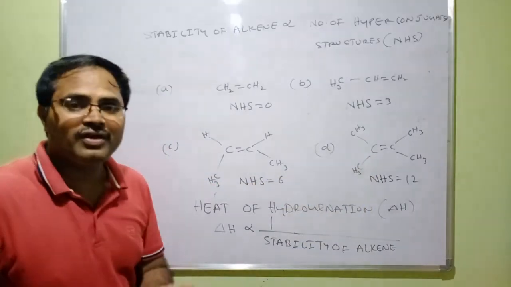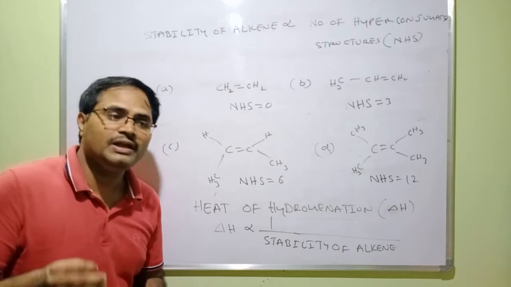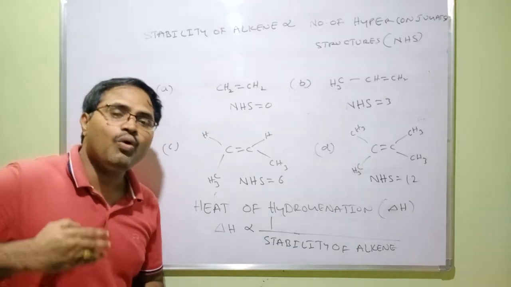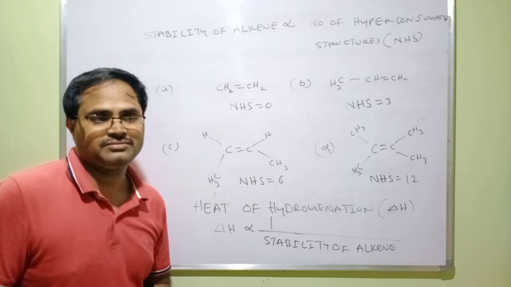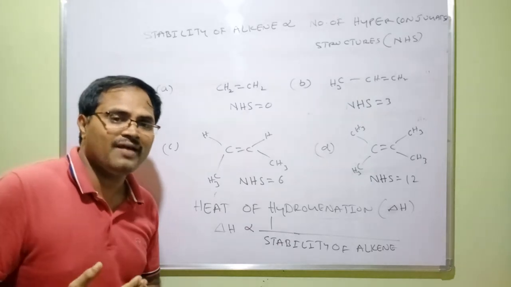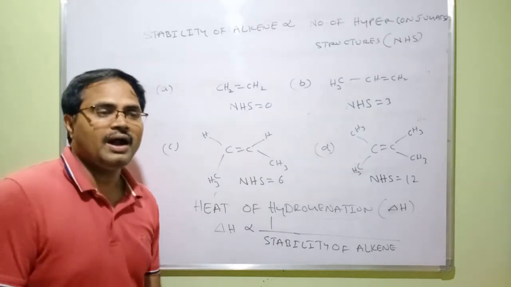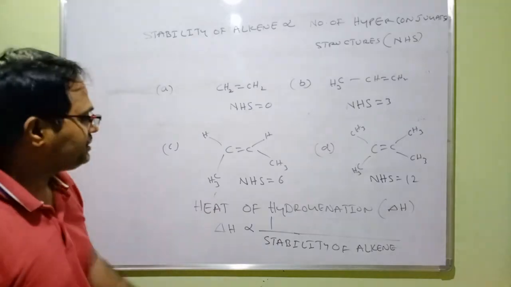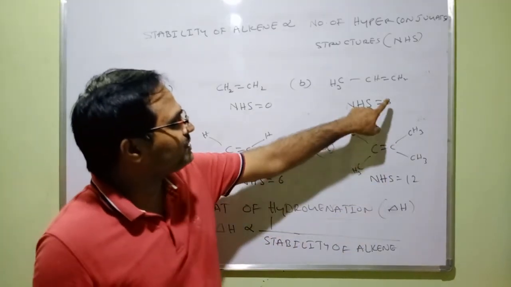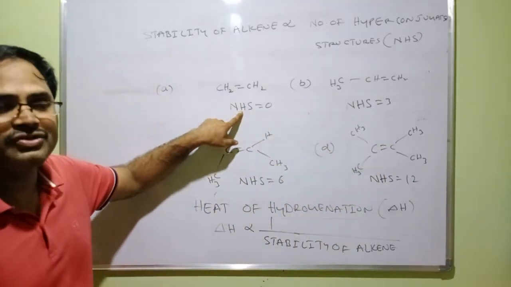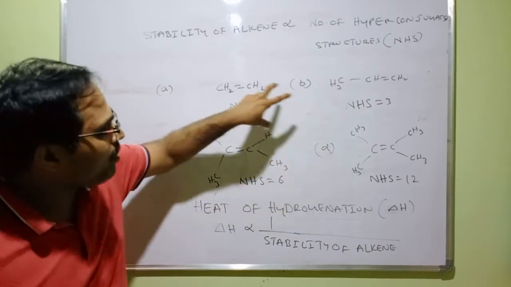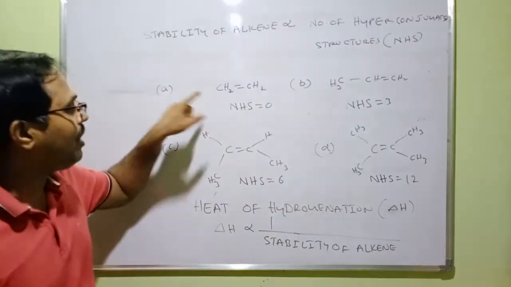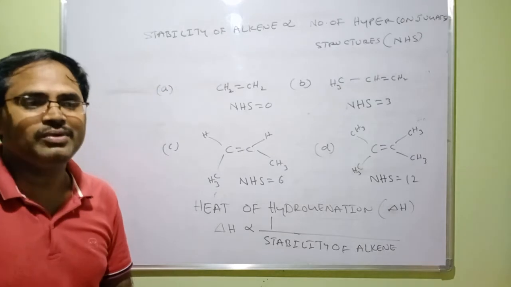But what is the question I have given? The question is, which of the following alkenes is having more heat of hydrogenation? Or which of the following alkenes is having the highest heat of hydrogenation? So this is having 6, this is having 12, this is having 3. Here there are no hyperconjugated structures. So among all these 4 alkenes, alkene A is the least stable.